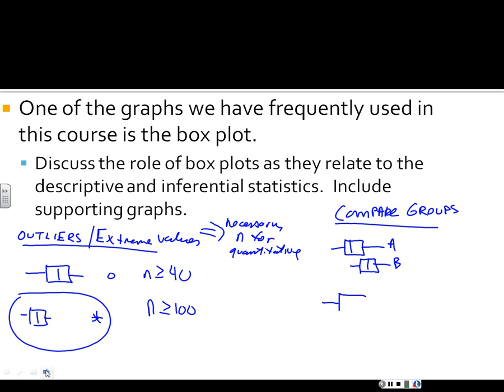Whereas if something like that, you wouldn't suspect that there's a difference between A and B. Of course, on your projects, if you do a difference between means or an ANOVA, then I would expect you have a box plot that compares the 2 or 3 groups that you have in your data set.